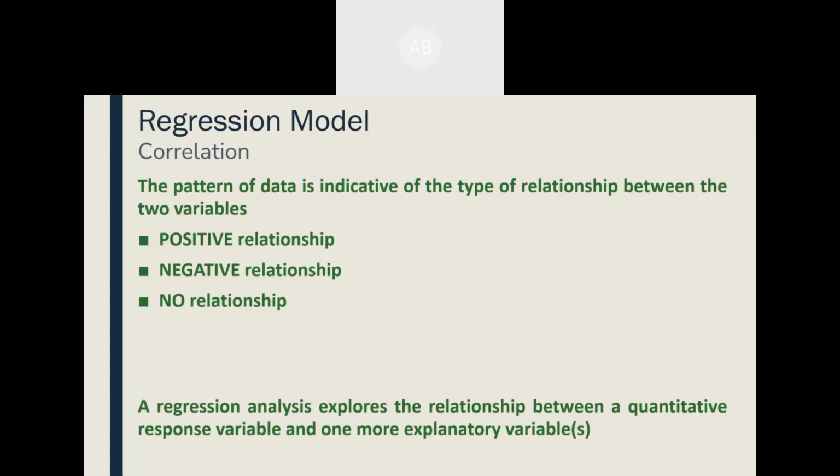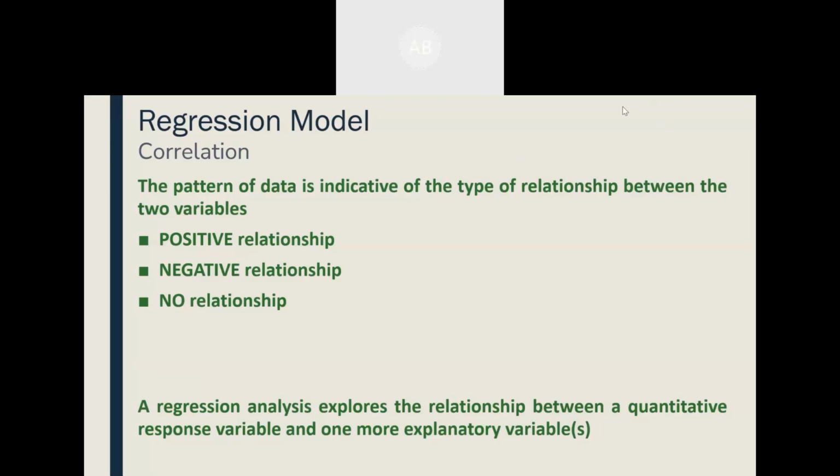Regression analysis is the next step, and the correlation study comes one step before it. In correlation, you look at two variables and try to see the association between them, for example the one we have shown before.